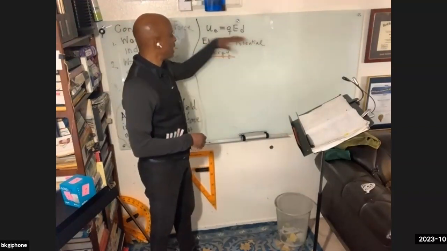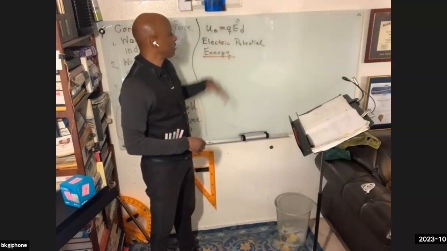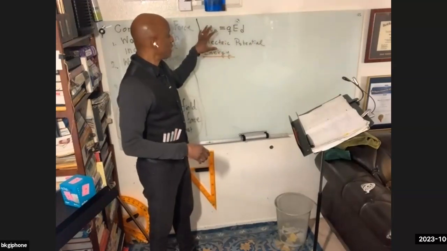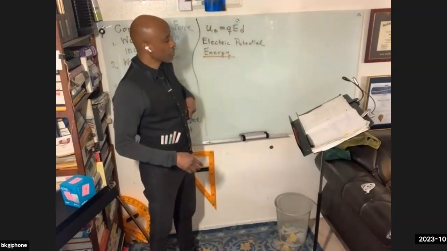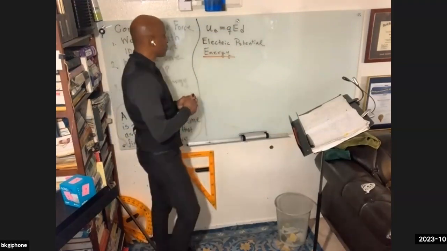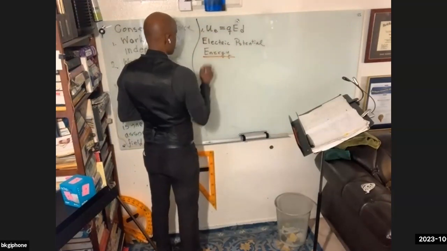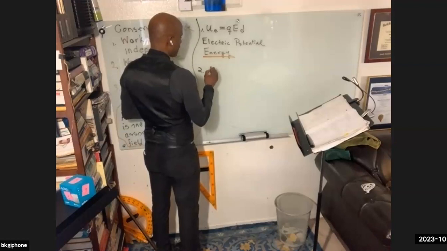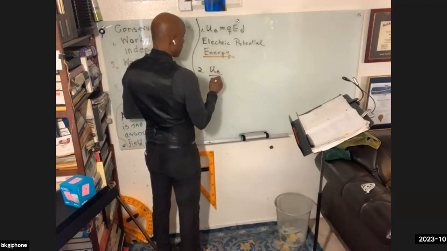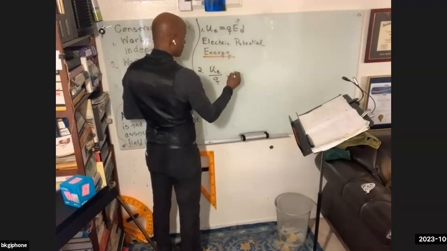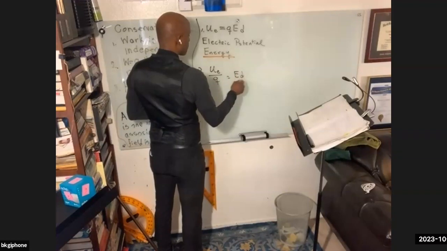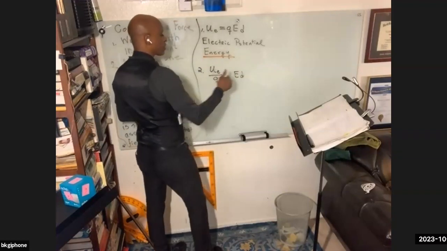So if we divide this equation by charge, that's what we get. This represents the total energy of one charge, but if I divide through, I'll number this equation one, by charge, what I get is that the potential energy divided by Q is equal to Ed. This represents the energy per unit charge.